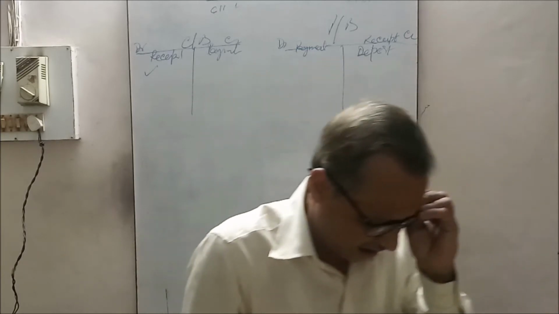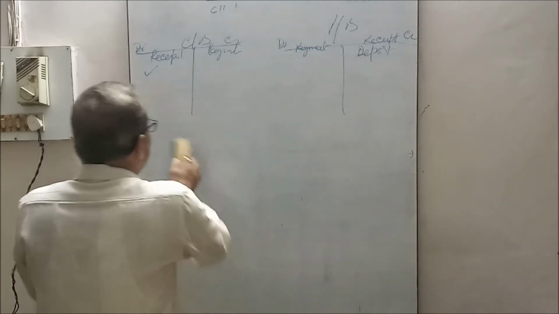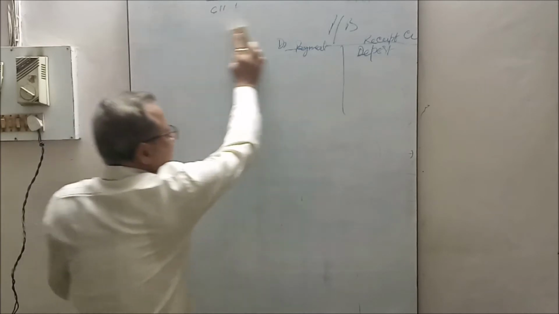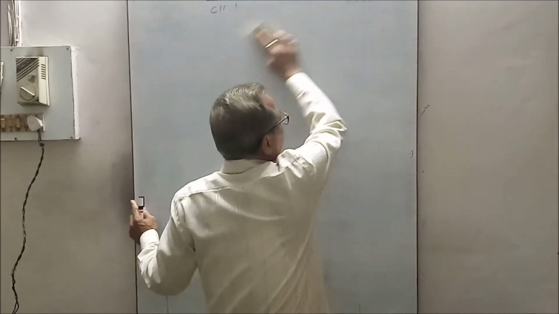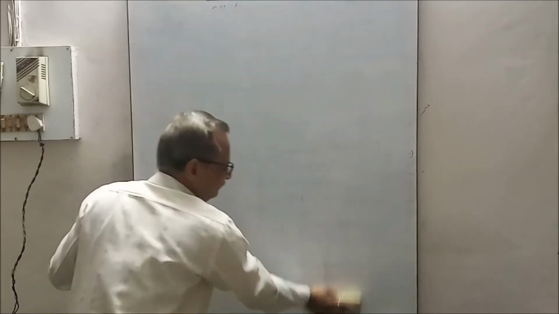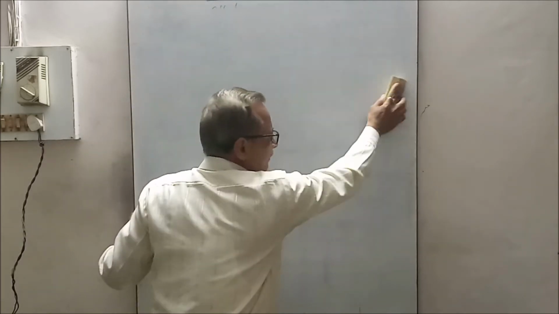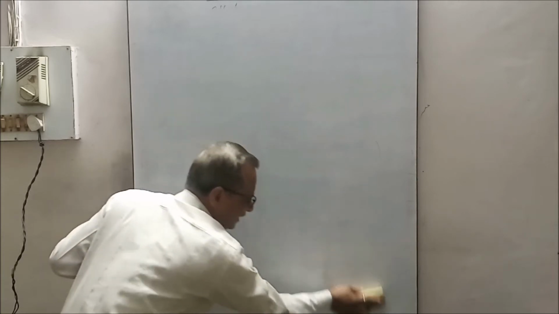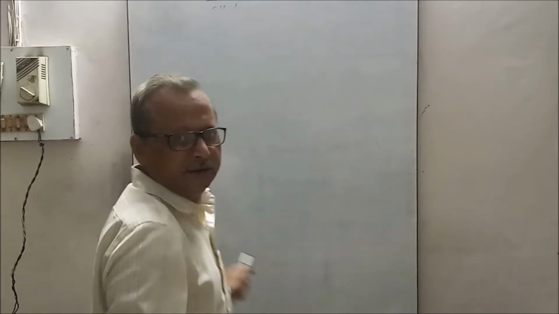And now, how to do it? First of all, you must be very much familiar with the cash book, preparation of cash book, which item is to be written, which item on the debit side, which item on the credit side. Now, so many methods are there to prepare reconciliation statement.